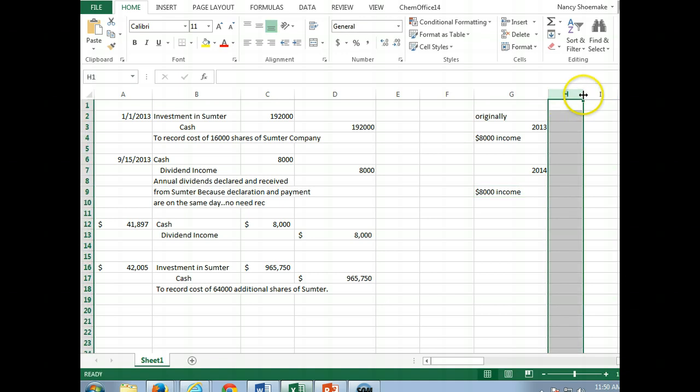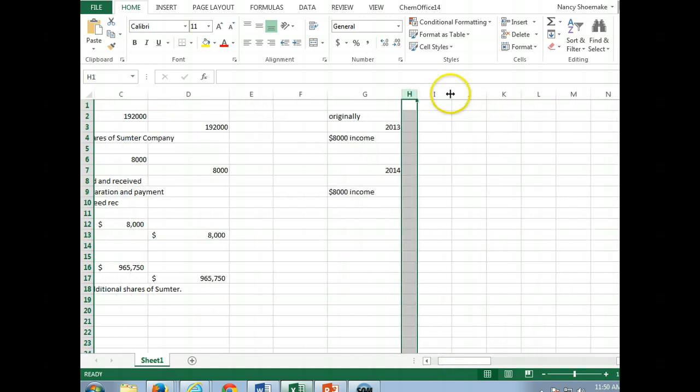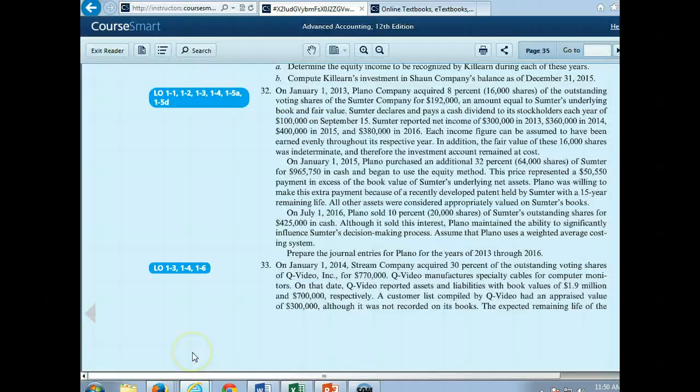Now this is how we need to retroactively state it, is now we need to do equity method. If we did the equity method to start out with, what we would have to do is take a percent of their revenues. So their income for the period was $300,000, right, and 8%.